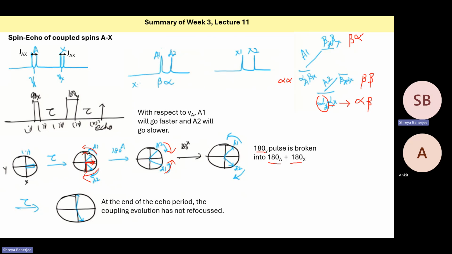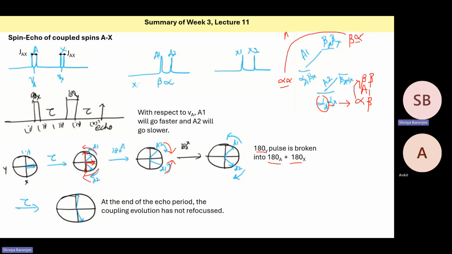What this means is now the A1 transition has become the A2 transition. A1 was between alpha beta and beta beta. Now in the new energy states, alpha beta to beta beta is this transition, so A1 has come here. And alpha alpha to beta alpha was A2. If you look at this red state, alpha alpha to beta alpha, this transition has now become A2.